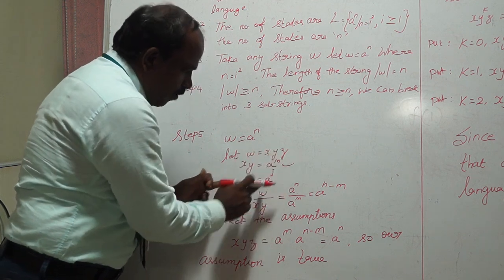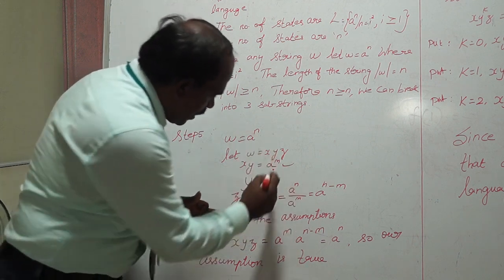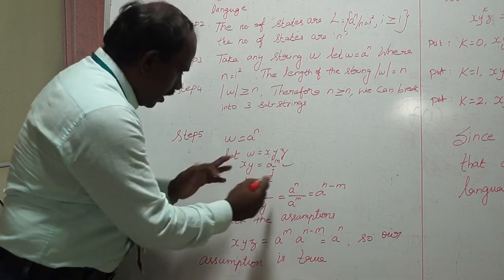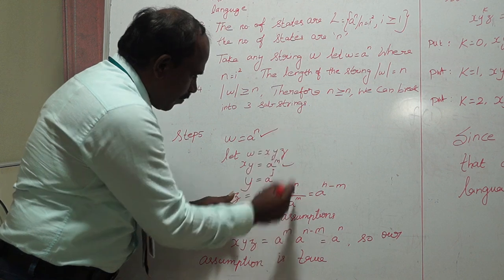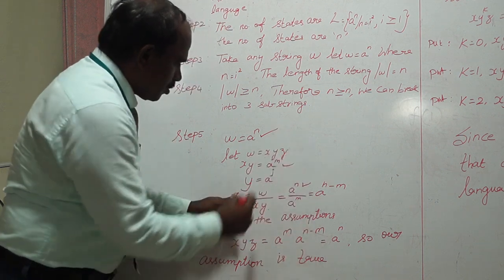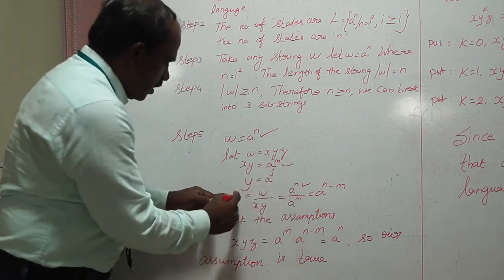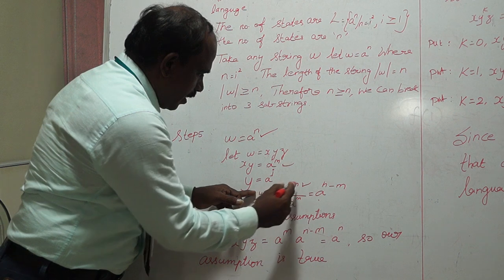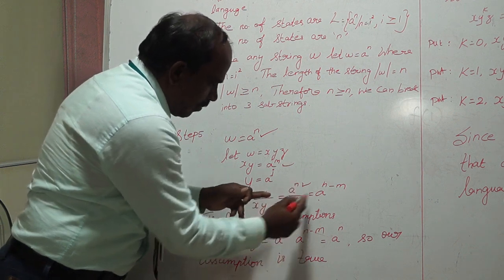So w, the length is a^n. Then w divided by xy: w equals a^n is given here, and xy is a^m. So the z length is a^(n-m), that is a^n subtracted by a^m.